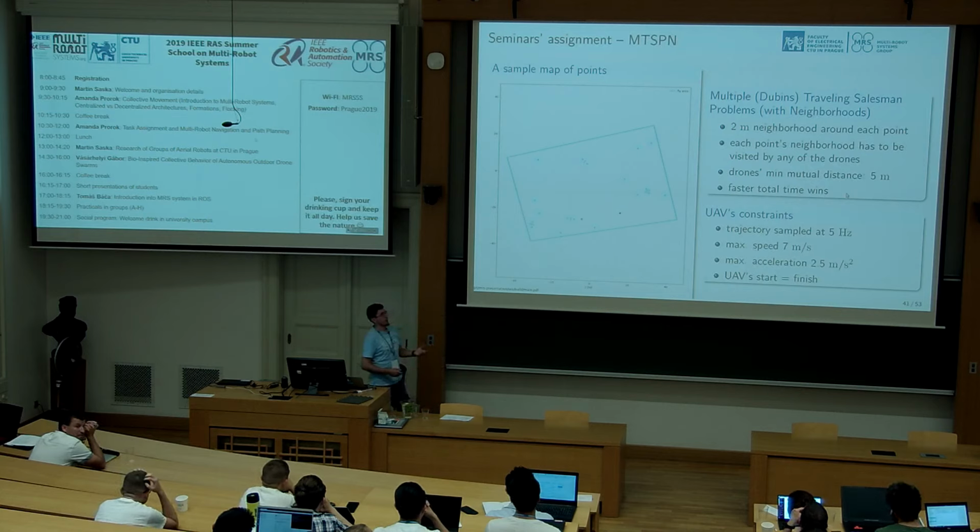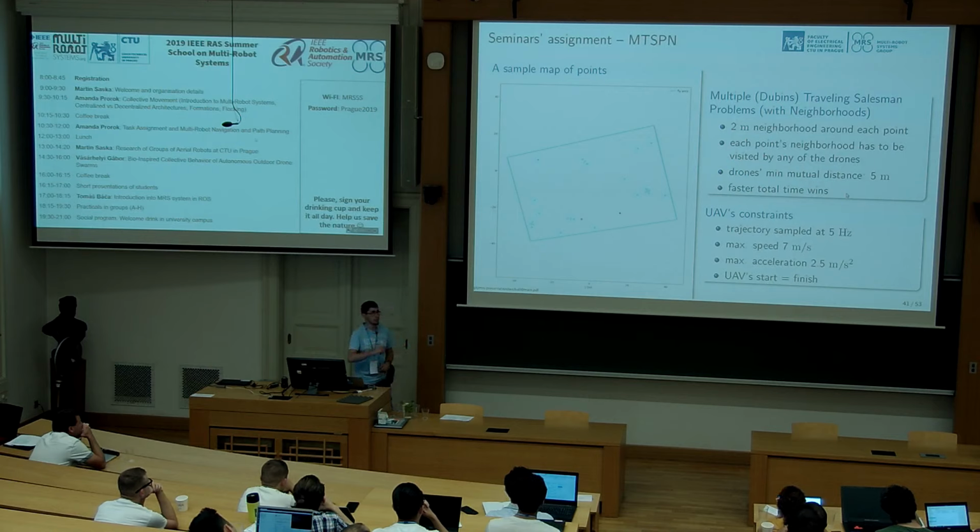This is a variant of the traveling salesman problem, in particular the traveling salesman problem with neighborhoods, where we want to visit each point just once, and we are satisfied when we reach the neighborhood of the point. You'll solve this problem for 2 drones, so it will be the multiple traveling salesman problem with neighborhoods.